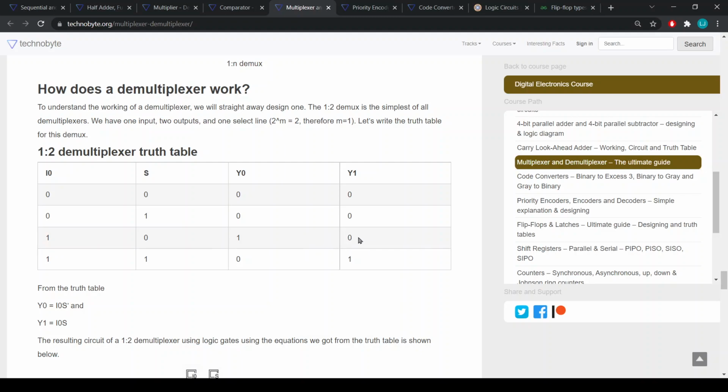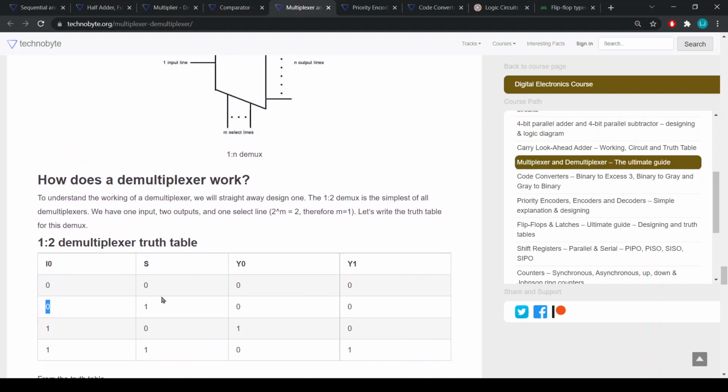So what if the output is 1 here? Then you don't really know, since it always outputs 0 on the opposite or on the other signal. So if you have 1 on the other signal, on 0, then you have 0 also. Then you have a 0 on the other.